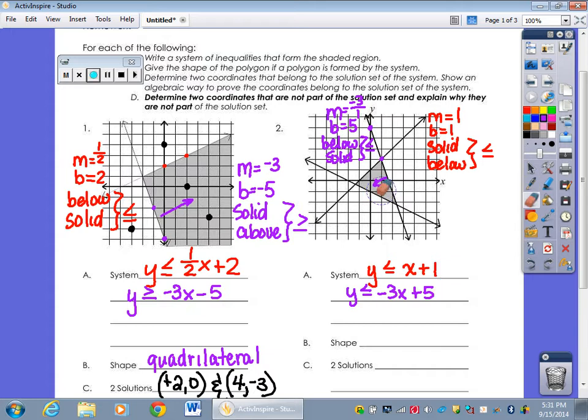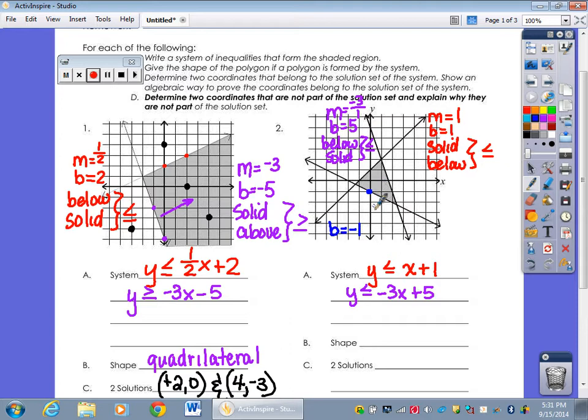And then if I do, let's go with the blue line. We'll use this one. The y-intercept is at negative 1.